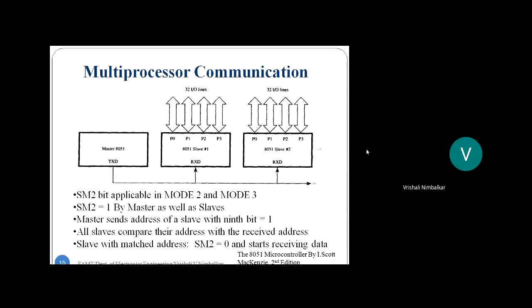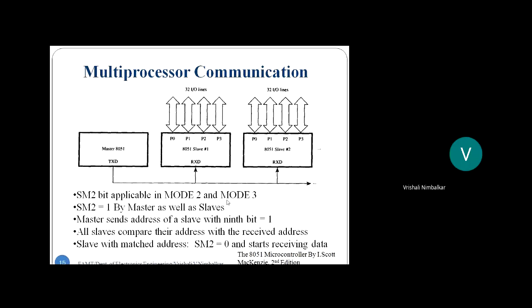You can have many such slaves. So that's shown here, 8051 slave 1, 8051 slave 2. Something like this is called multiprocessor communication.